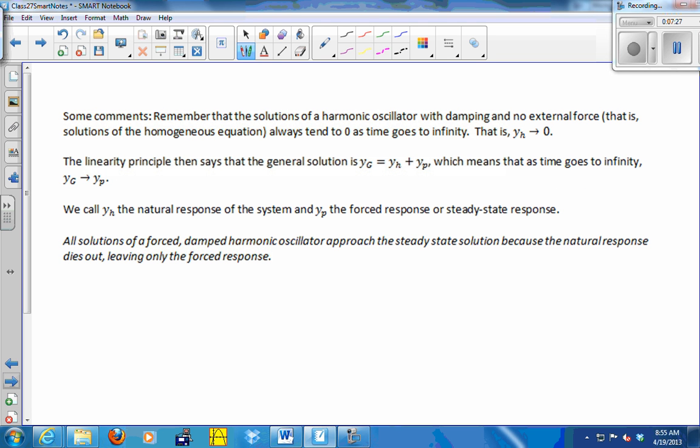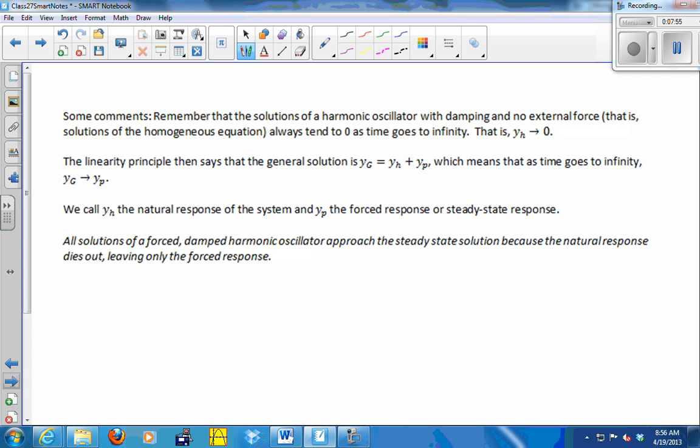All right, so a couple comments before we do an example. Remember that the solutions of a harmonic oscillator with damping, assuming that the damping coefficient P is non-zero and there's no external force, always tend to 0 as time goes to infinity. They either go directly to 0 or oscillate until they settle at 0.